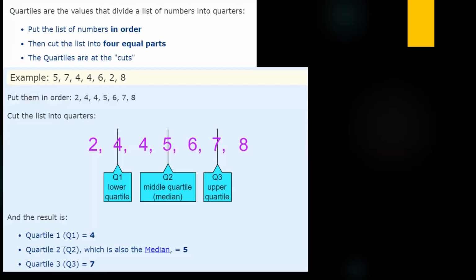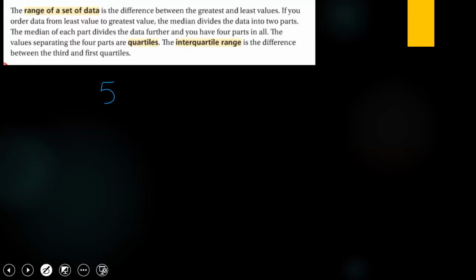We have 5, 7, 9, 11, 13, and 14 as an example. They are ordered. To find the median, the range, and the outlier, we have to order the data. For the mean and the mode, there's no need.